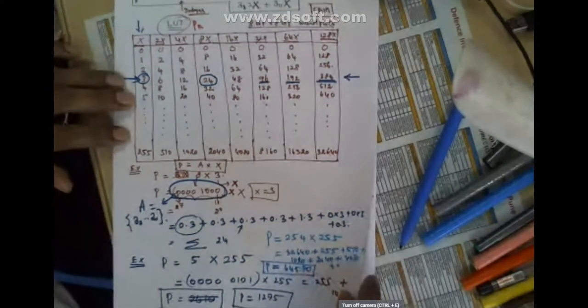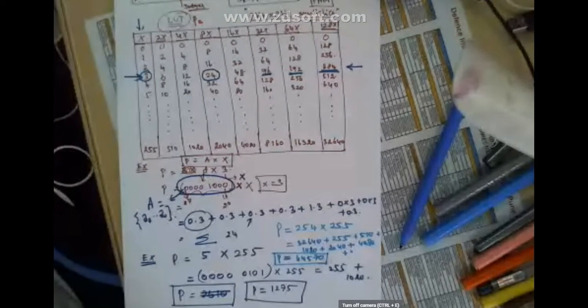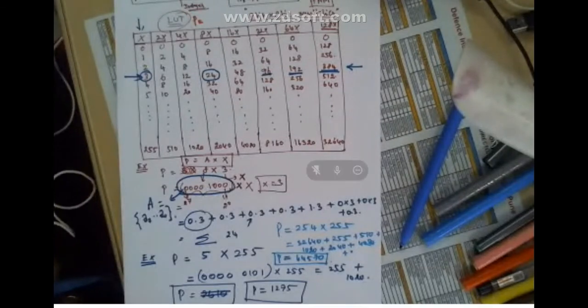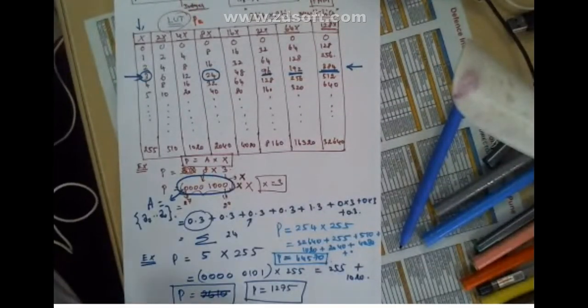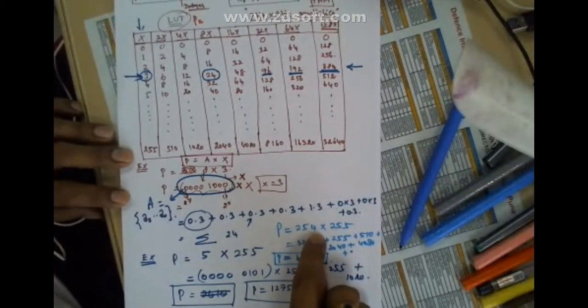Any doubt? In this case, we added all the values except 255. For 254, you have to leave only one bit, the last bit, which is 255.